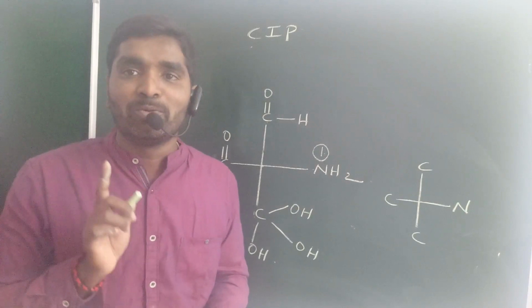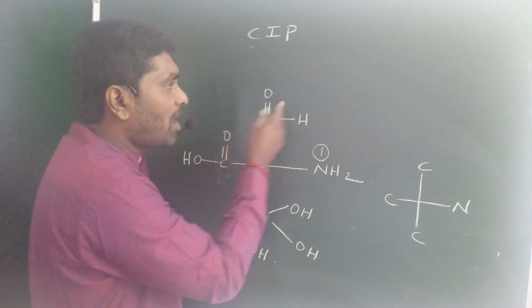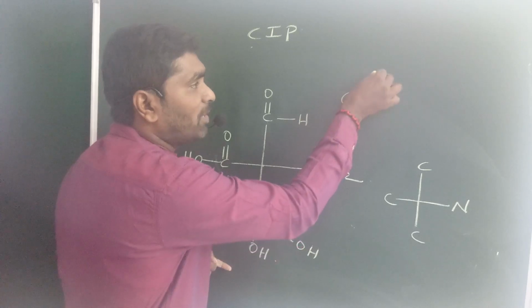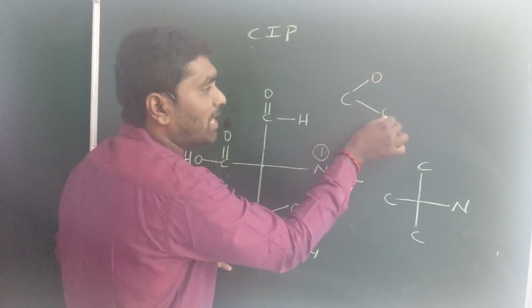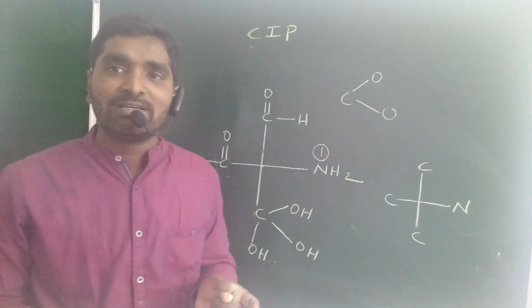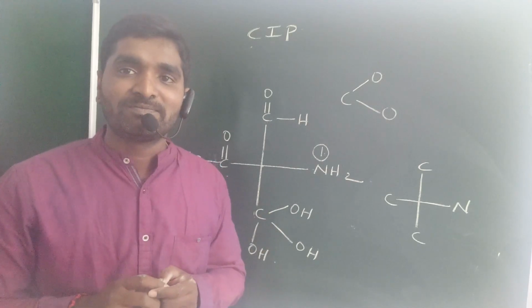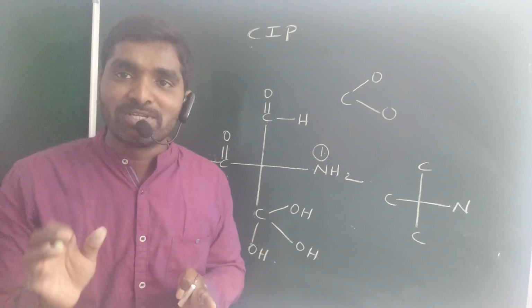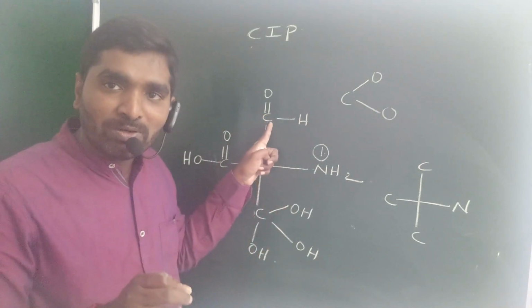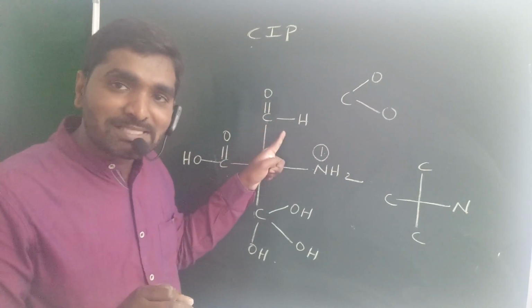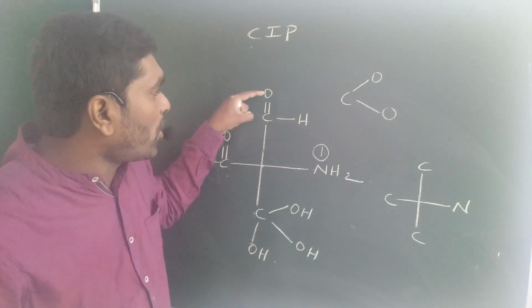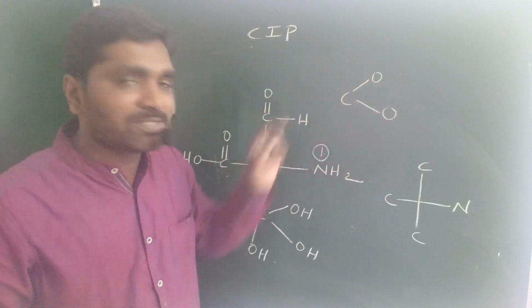According to the CIP rule, it may be written like this: carbon bonded with 2 oxygen atoms. That is the most important one. According to the CIP rules, when you have C double bond O, this carbon is bonded with 2 oxygen atoms.